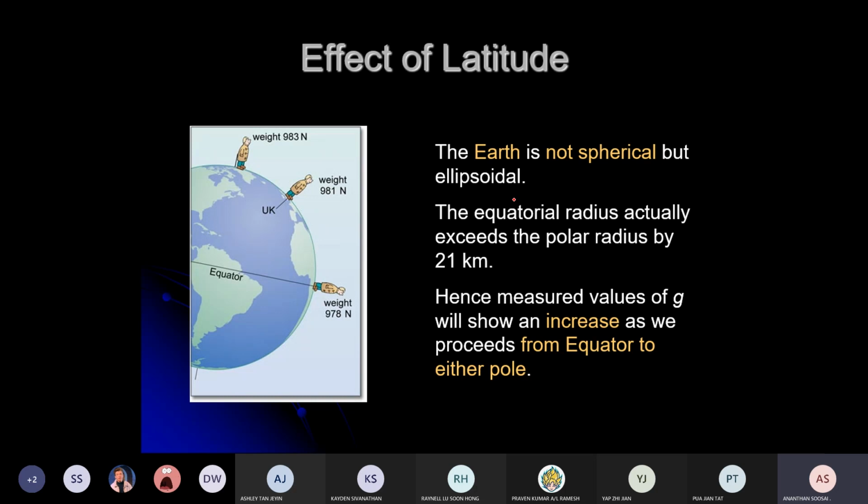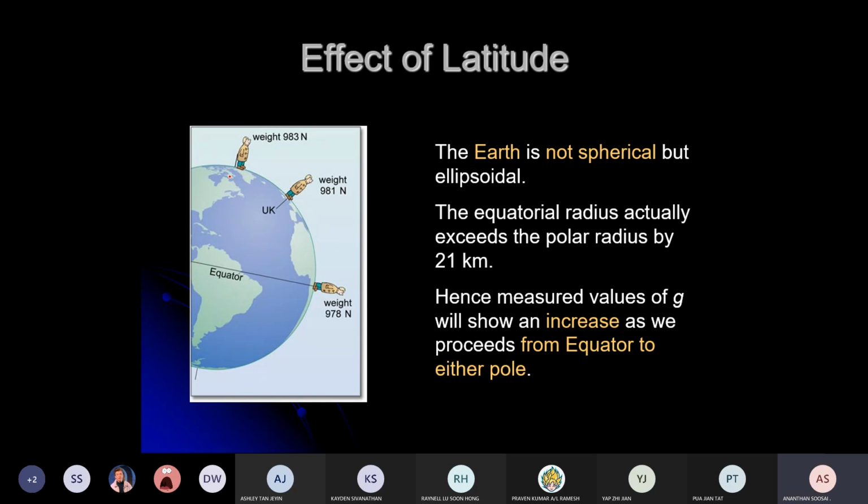When something rotates, the side edge will start to bulge, start to get a little elongated, so it looks ellipsoidal. Scientists found that the equatorial radius exceeds the polar radius by 21 kilometers. That means the equator radius is 21 kilometers longer than the North Pole radius.